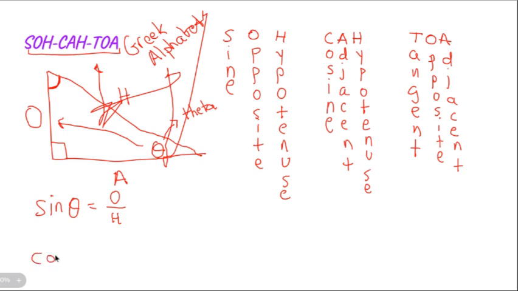So if I told you cosine, we'd say it's equal to the adjacent over the hypotenuse. It's the ratio of the adjacent and hypotenuse sides. Okay, and then we've got tangent, which you might have guessed is the opposite and adjacent sides. Okay, now those are the three primary trig functions.